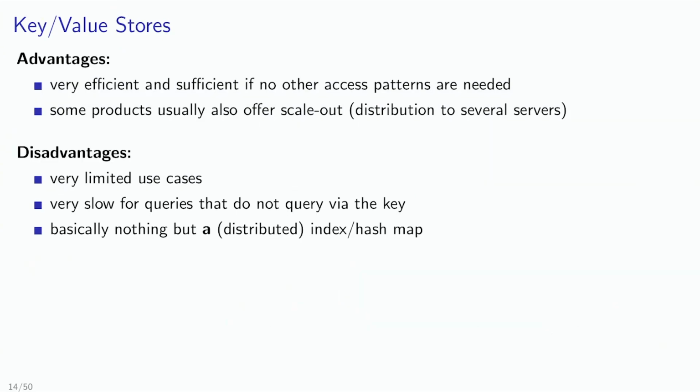They are very efficient and sufficient if no other access patterns are needed. If the only thing you need is looking up by key, then it could be good. The scale-out properties are very good for many of these products, but the use case is very limited, and it's super slow for queries that do not query via the key. If you have another condition that's not mapped by the key, for instance if you're looking for certain keywords in your documents, you're toast.